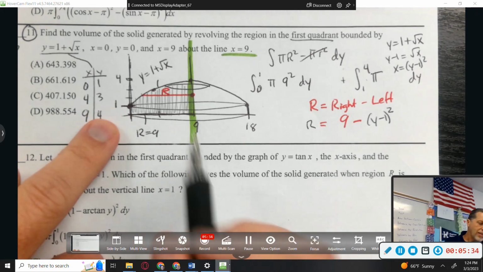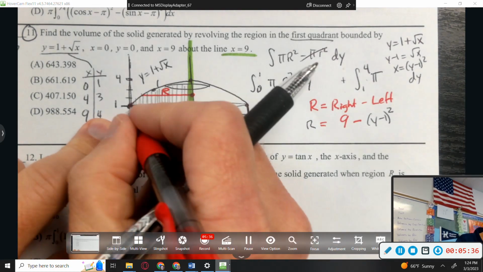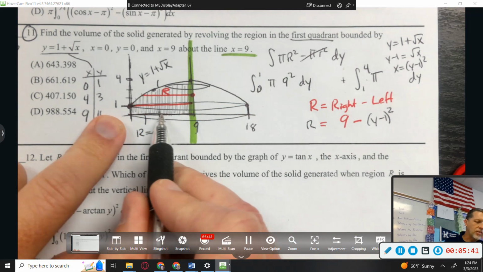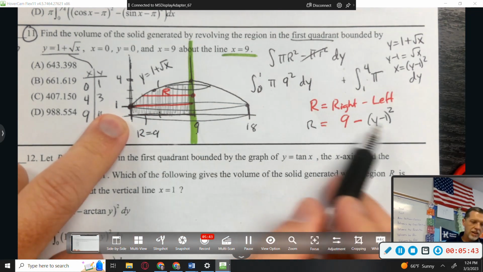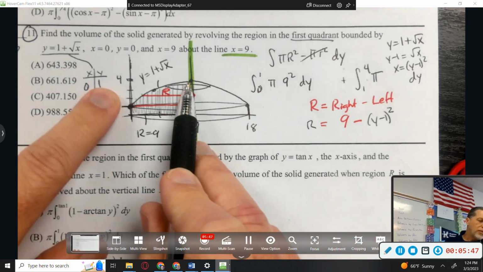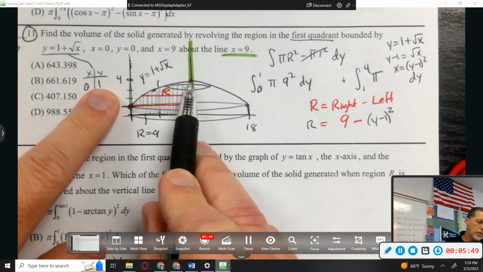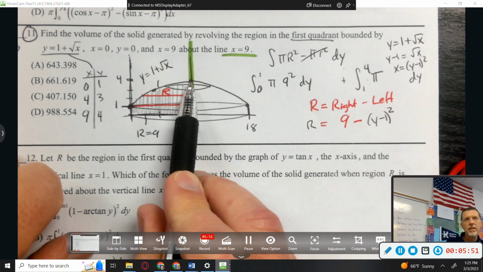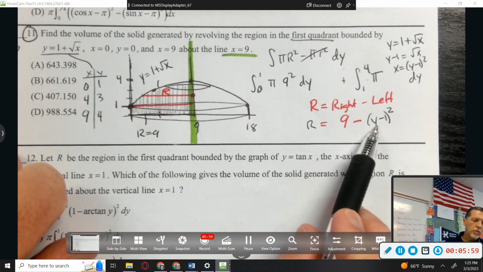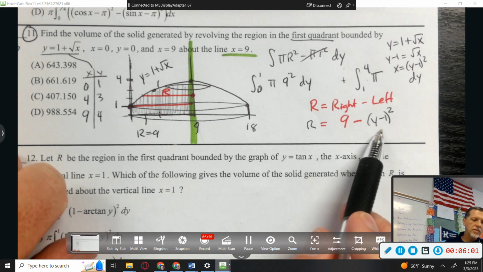You can check that, because what should the r equal when y is 1? That should be 9. So when y is 1, r should be 9. Yeah, I can see that. That works. And when y is 4, what should r be up here at the top? What's the radius of that thing at the very top? 0. I plug in 4. 4 minus 1 is 3. 3 squared is 9. 9 minus 9, 0.